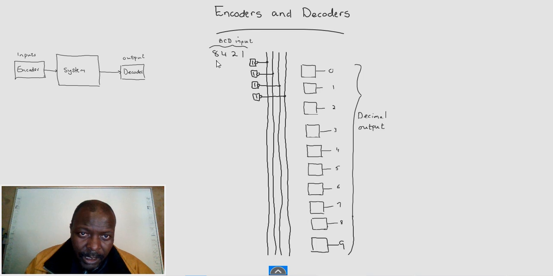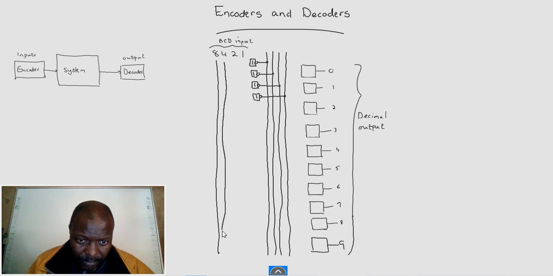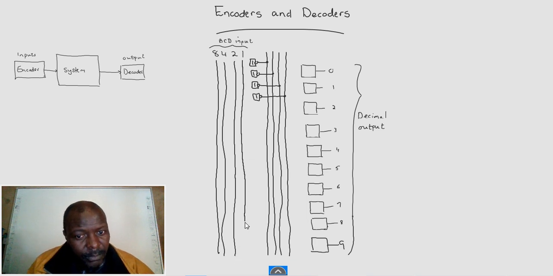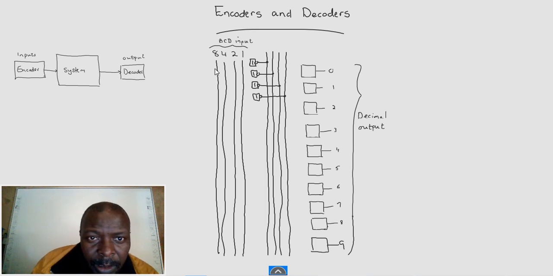But I need the main lines for 8, for 4, for 2, and for 1. Now, 8 needs to have its inverter there.